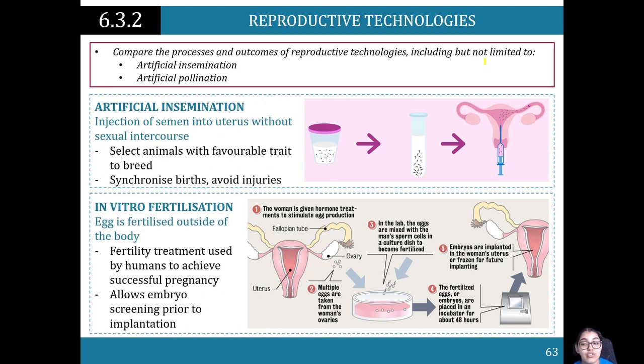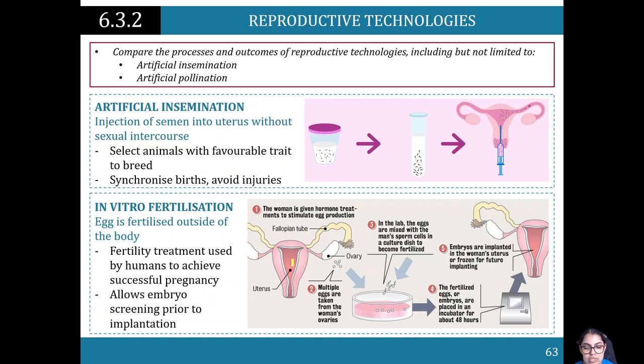We then have in vitro fertilization. IVF is when the egg is fertilized outside of the body. This is a fertility treatment used by humans to achieve successful pregnancy, and it also allows for embryo screening to occur. For example, a woman is given hormone treatments to stimulate the production of eggs.